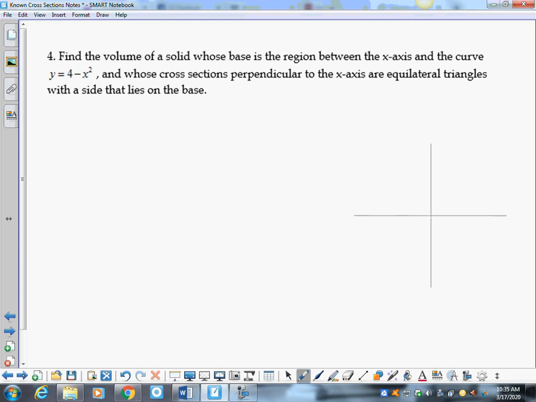Okay, so first let's start with your base figure. My base figure is a parabola that goes up 4 and opens down. I have a feeling I'm going to need to know who they are, so I'm going to set 4 minus x squared equal to 0, and I can see that I'm getting plus or minus 2.